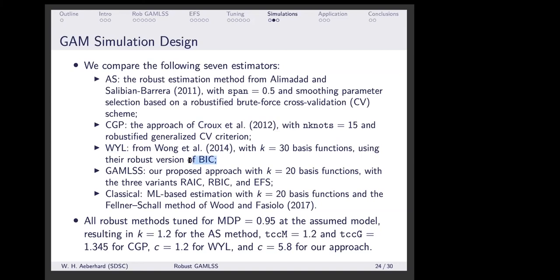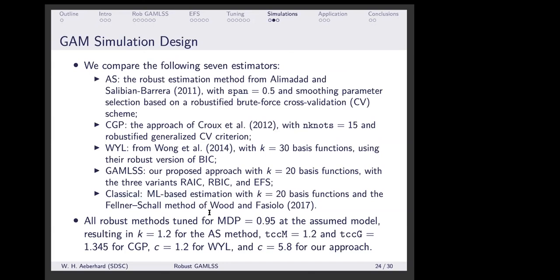The reason is that it was the best performing in their study, so we just took their best flavor, let's say. Next, we have 3 variants of our method. The reason is that we're varying how we select the smoothing parameter. So we have this robust AIC, we have a robust BIC as well, and the EFS method I described earlier. And last but not least, we have the classical maximum likelihood or penalized maximum likelihood estimation method as the usual benchmark, of course.